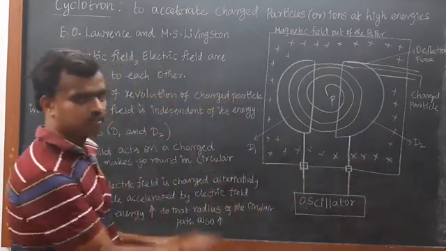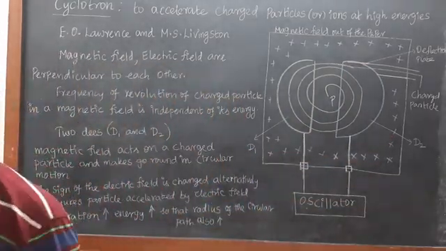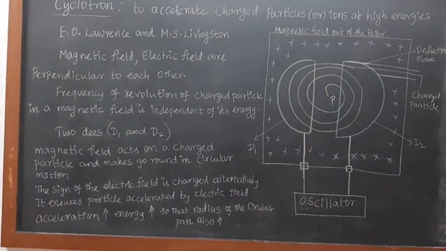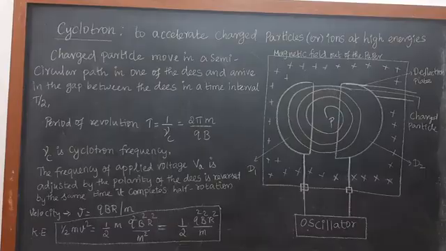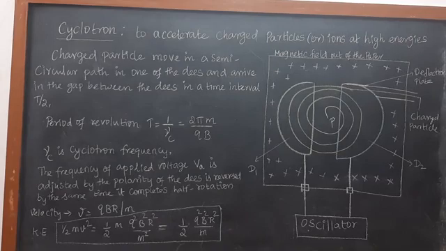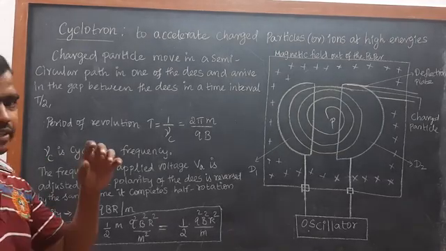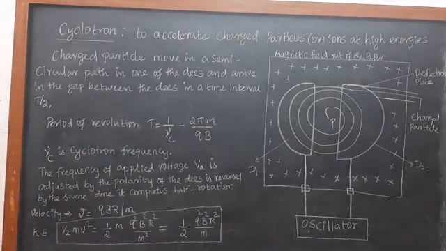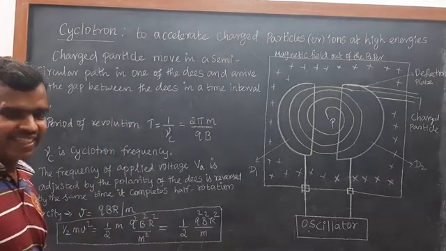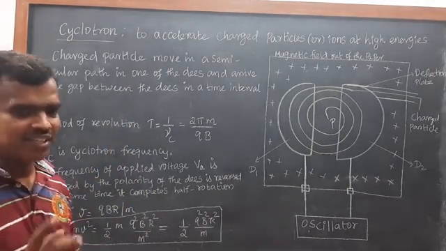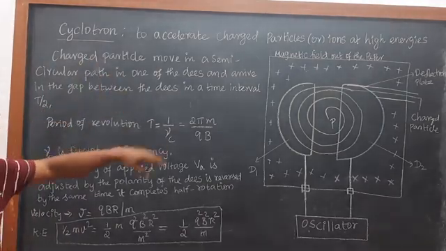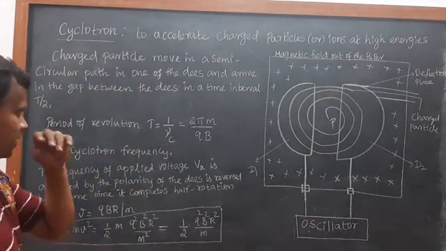And similarly we have some derivation part to find out the frequency and so on. Here we have some derivation part. We want to find out the time period of revolution, capital T, and the velocity and the kinetic energy, as we said, right? Okay. And the charged particles move in a semicircular path.